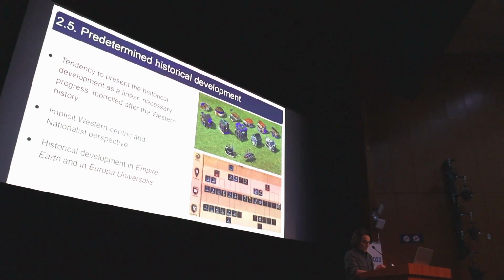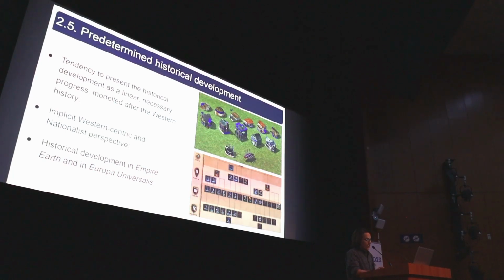Certain games present the historical development of societies in terms of linear and necessary progress. This perspective is usually flattened on the rhetorics of Western scientific development, as well as on the narratives of national development as necessary conflict between nations or groups.